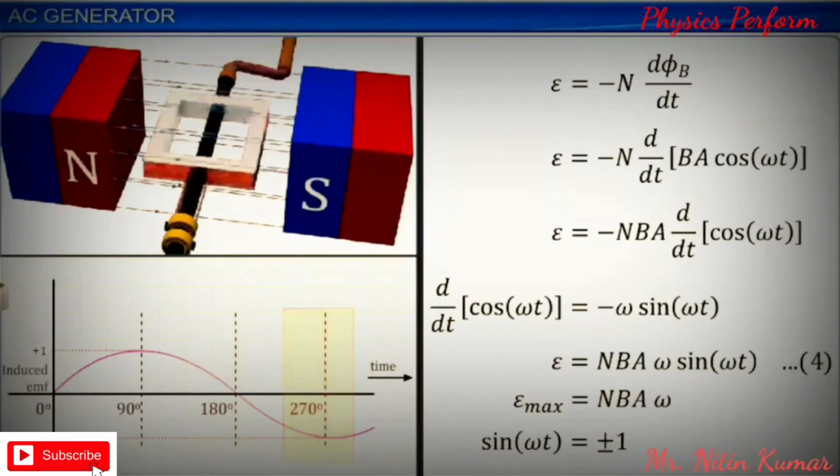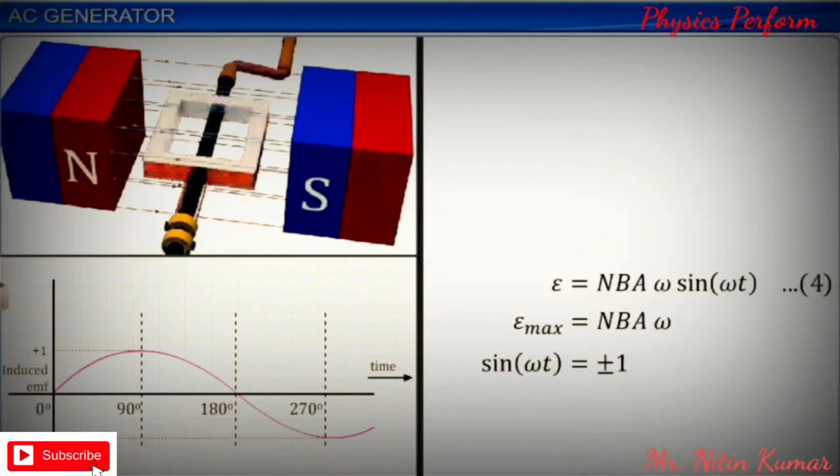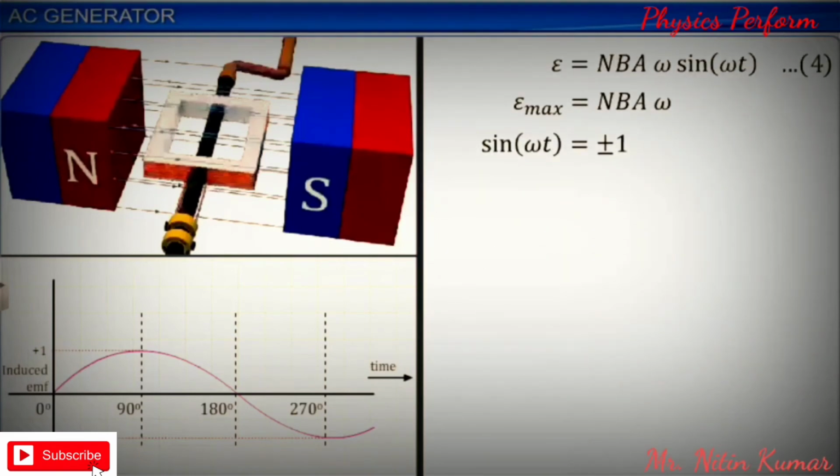This is because the change of flux is the maximum at these two angles of the coil. As the value of sine function varies from +1 to -1, the sign or polarity of the EMF changes with time. Accordingly, the direction of the induced current changes periodically. For this reason, this current is called an alternating current.